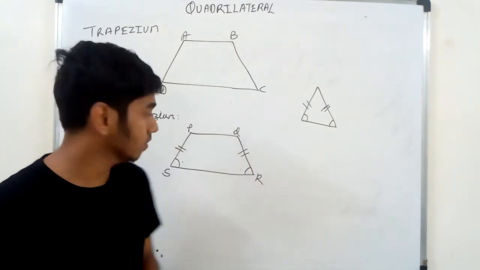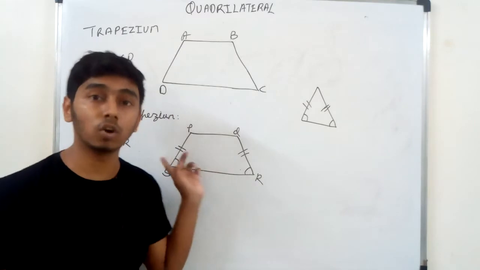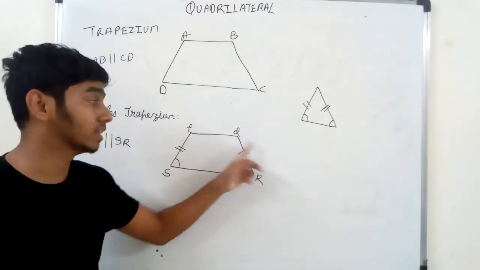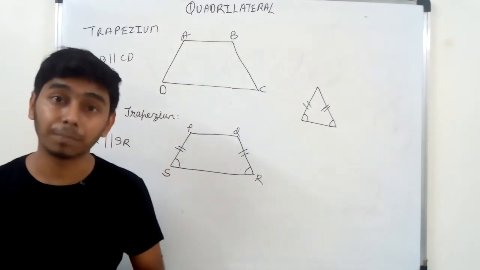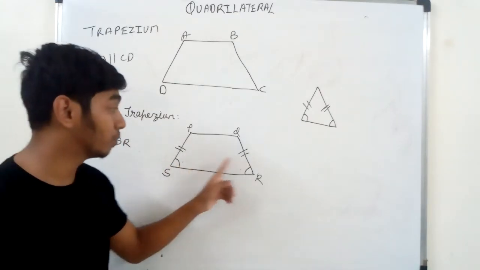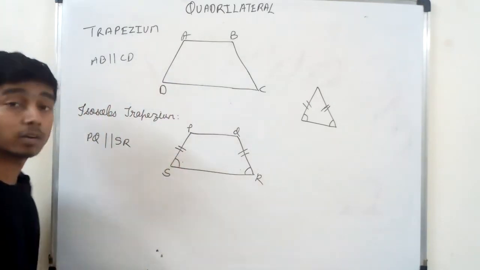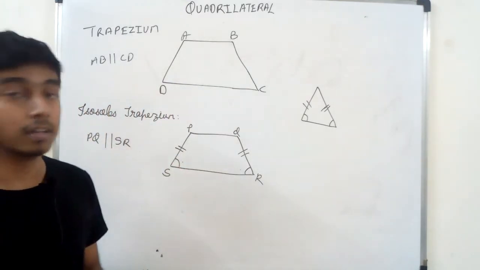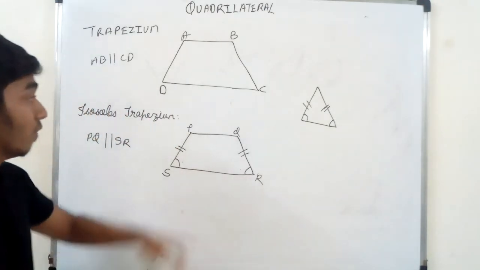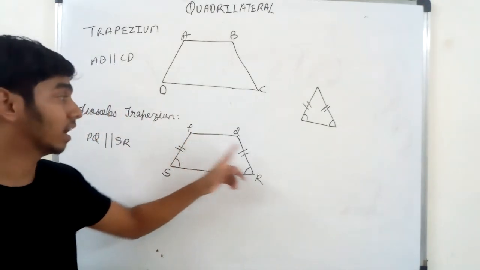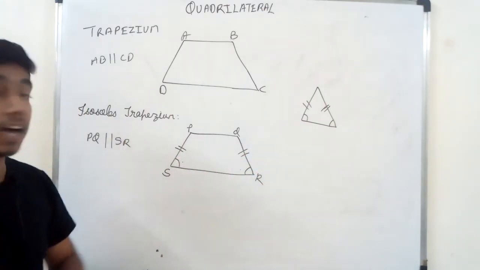There is a question based on this: if the pair of opposite sides are congruent, which forms an isosceles trapezium, then we have to prove that the base angles are congruent. You can check that question afterwards in your textbook. So isosceles trapezium has one pair of sides parallel and the other pair of opposite sides congruent.